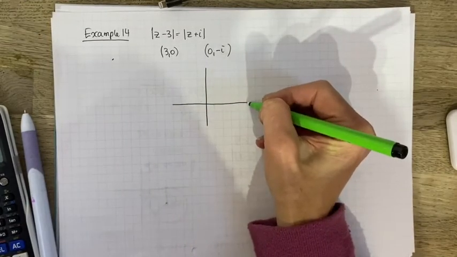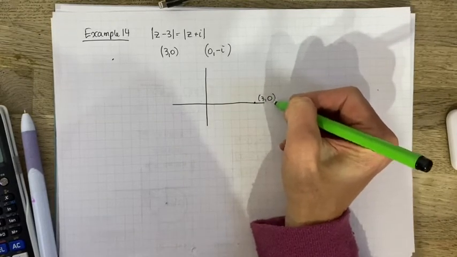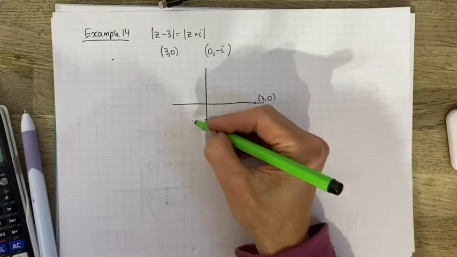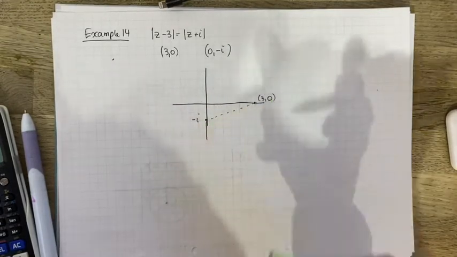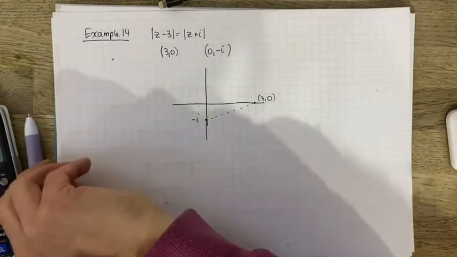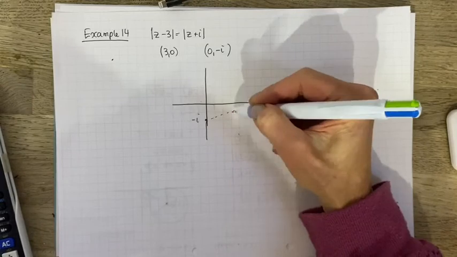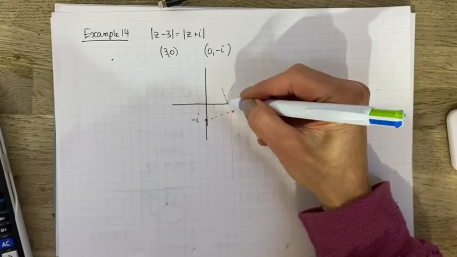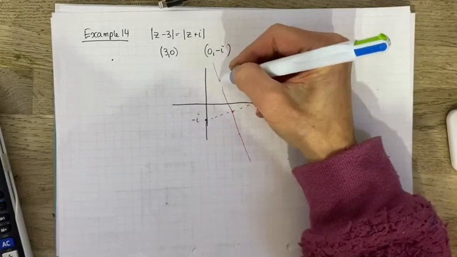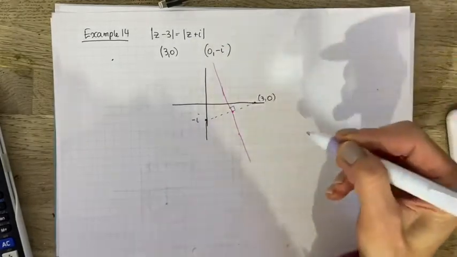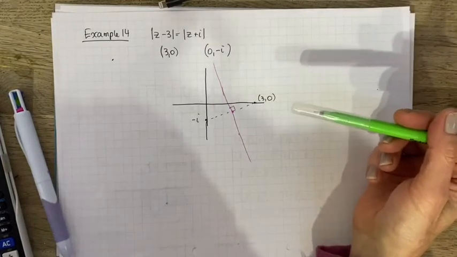So this is 3, 0 and minus i. So perpendicular bisector, so it's going to be this line here. There you go. Okay, so that is our perpendicular bisector.